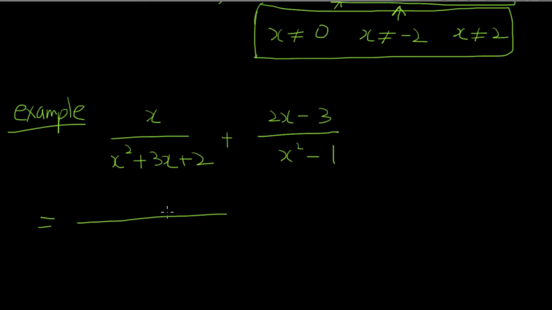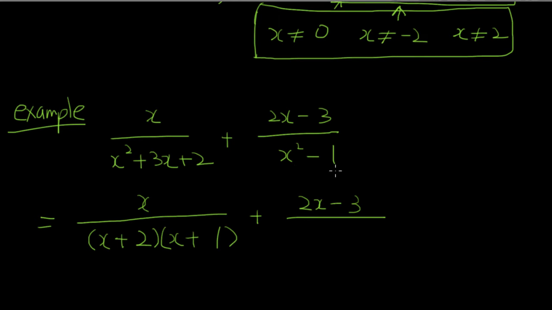So if we can actually factor it out, then you will find a shorter solution for this. So I'm trying to factor this out, and it looks like it's 2 and 1. Like that. And this is same thing as x squared minus 1 squared, right? 1 squared is still 1.